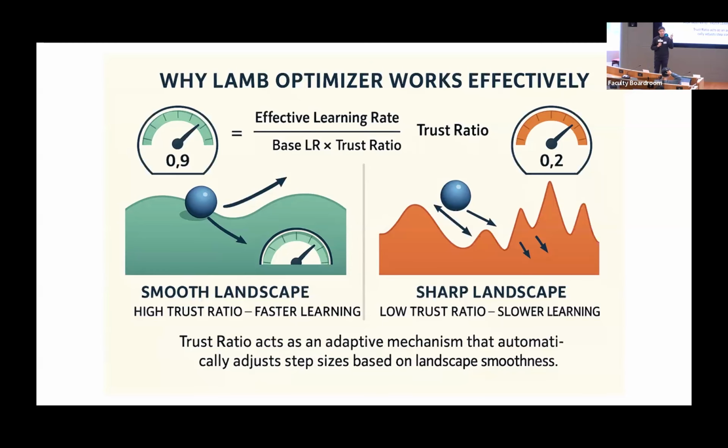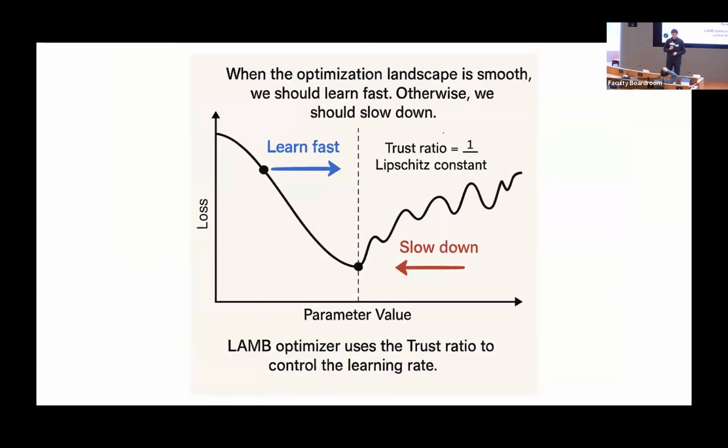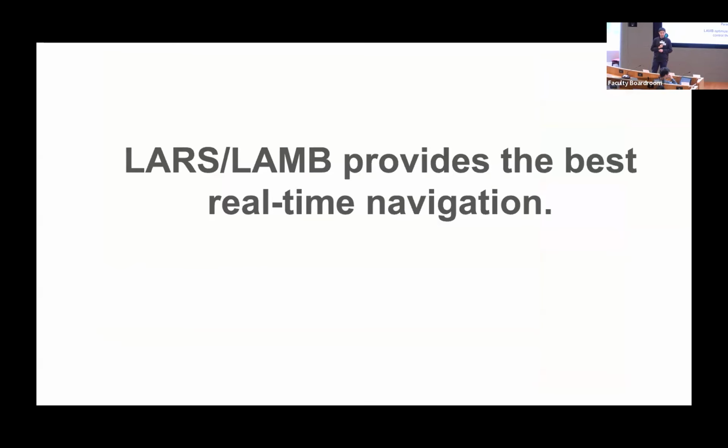I mean, some layers are smooth, other layers are not smooth, and they are in the same iteration, right? That's why we can dynamically control the learning speed or learning rate for different layers. So LAMB and LARS can offer us the best real-time navigation for optimization.